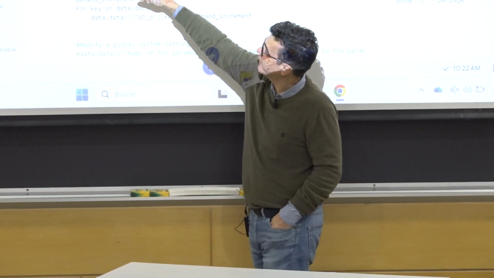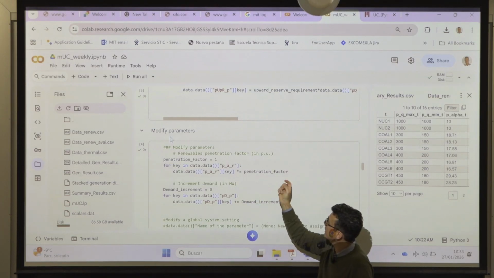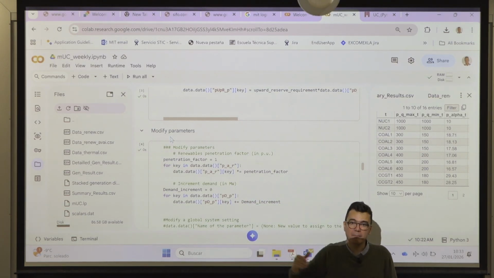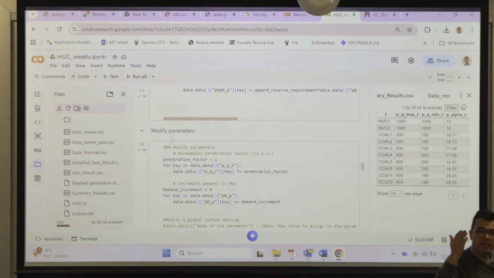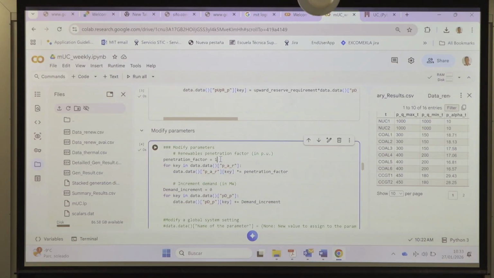With this penetration factor, if I change the number here, the hourly data that we have for wind and solar is going to be multiplied by this factor. So for instance, what if we had 3 times more renewables than the default case? Do it for me. Right here, 3 or 2, whatever you want, and see what happens. I'm not going to do it, so I keep the default case, okay?